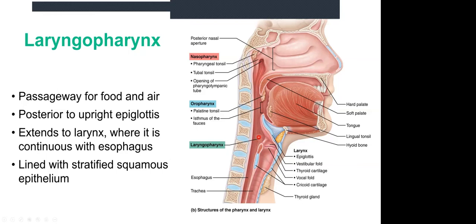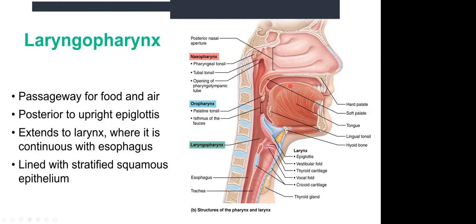This extends to the larynx, where it is also continuous with the esophagus and is lined by stratified squamous epithelium. So just a little heads up for the future about the digestive system, for example.